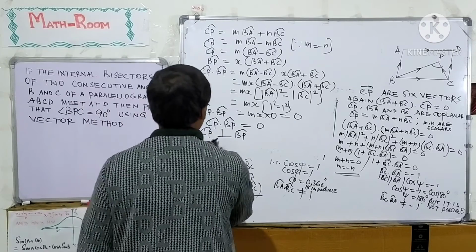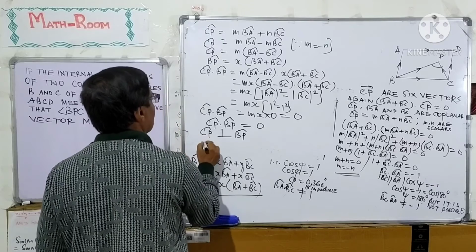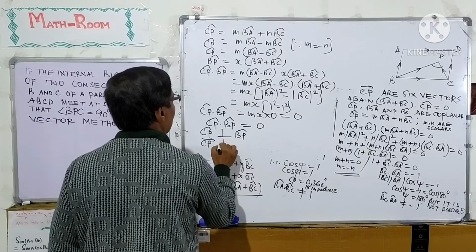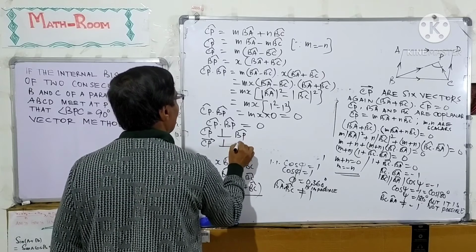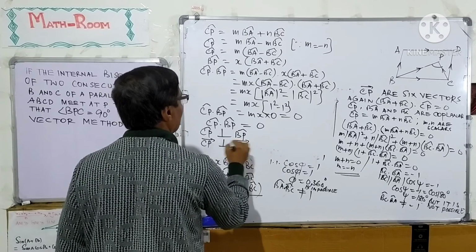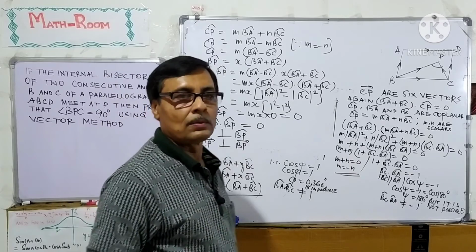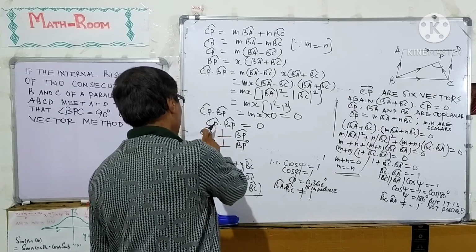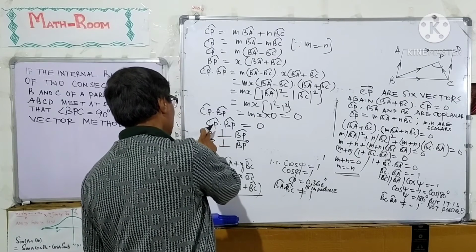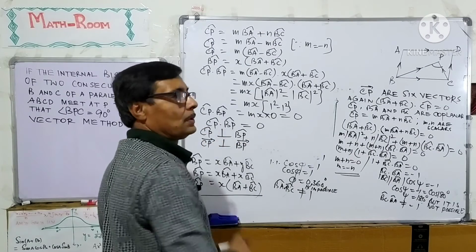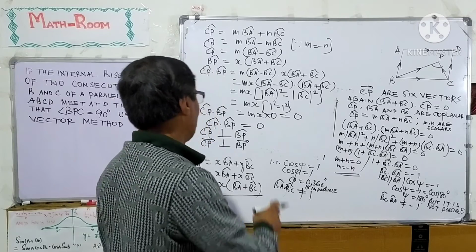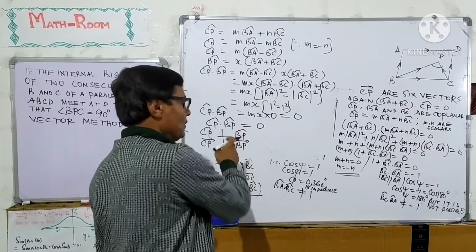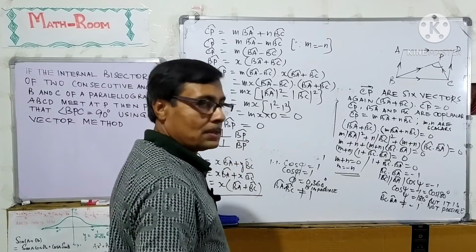So, we can easily say that CP vector is also perpendicular to BP vector, because the direction of unit vector CP and the vector CP are the same, and also the direction of unit vector BP and the vector BP are the same.